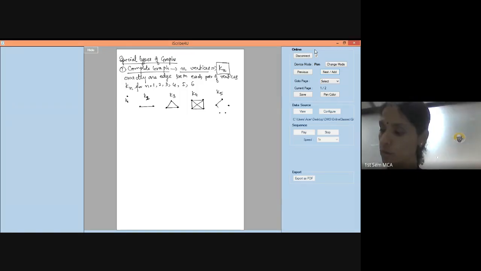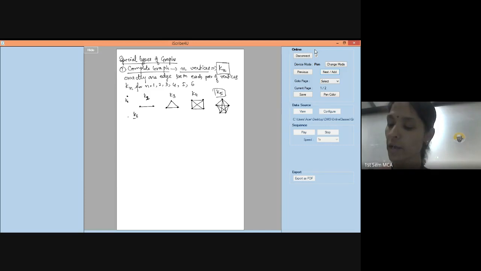Here I'll connect, here I'll connect this one, and this one. What else can I connect? Connect this too. There is nothing else that you can connect. So this is a graph for K5.